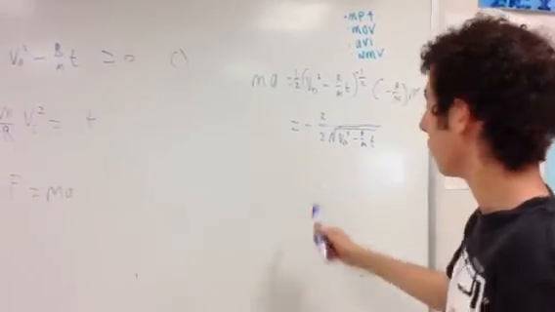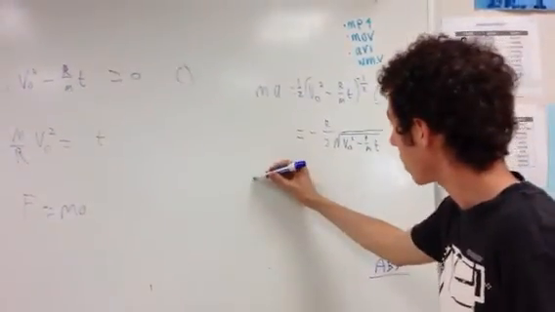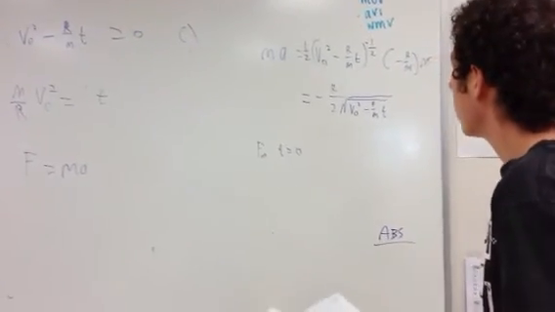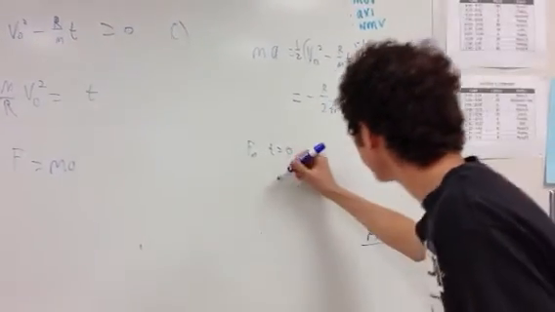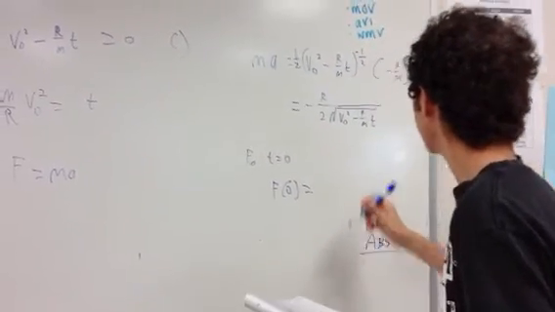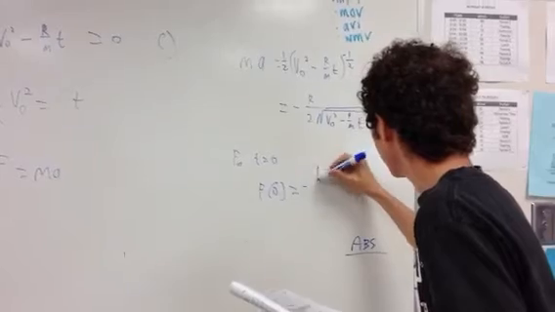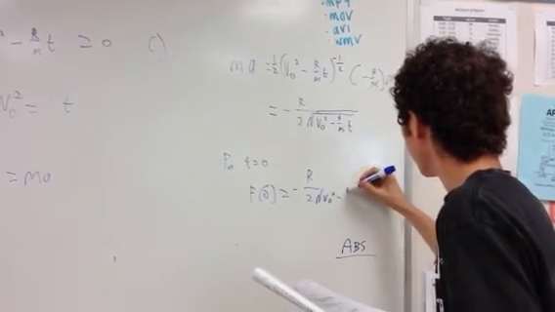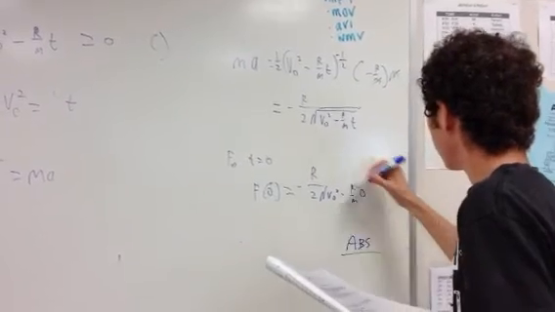So now I should probably find my force naught, or my force when time equals 0. So my force at time 0 is equivalent to negative R over 2 radical v naught squared minus R over m, and then we put in 0 for time.